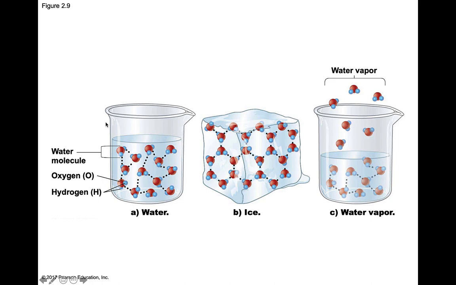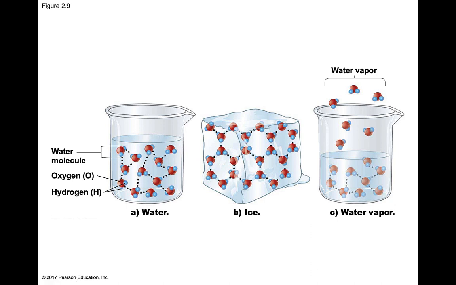Now here we're looking at different molecules, and depending upon temperature, that's going to change the overall state. Here we can see that dashed line. That's typically how you know there is a hydrogen bond. Covalent bonds are indicated by a solid line between the atoms.